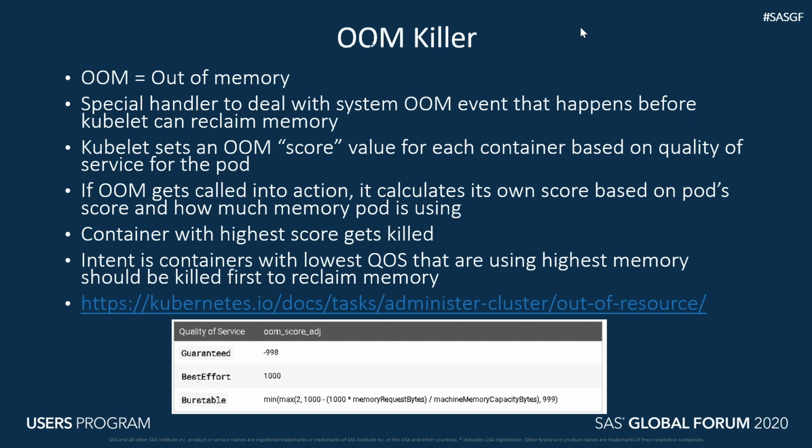What that means is basically if it is not a very important container, if it doesn't have to be up all the time, and it starts using the highest memory, the system will kill off the least important containers that are chewing up the most memory in an attempt to provide more memory for the ones that do need a higher quality of service and are more important.